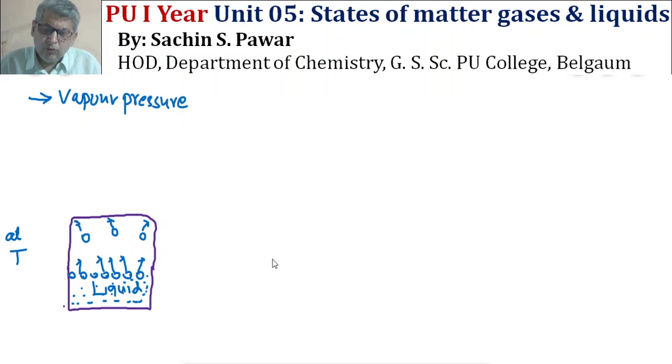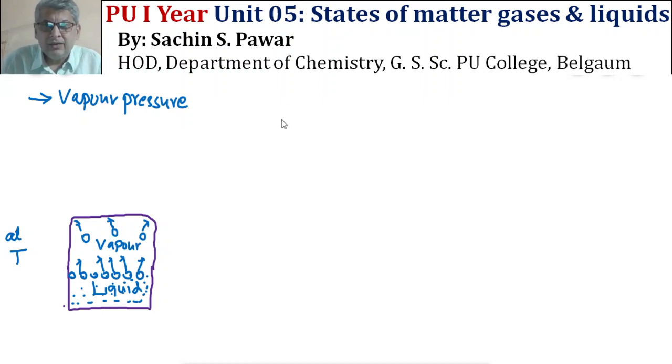When they go out of the surface and wander elsewhere, the gap between these particles will decrease, their intermolecular forces decrease, they get converted into a gaseous state, and this gaseous state of the liquid is known as the vapor state.